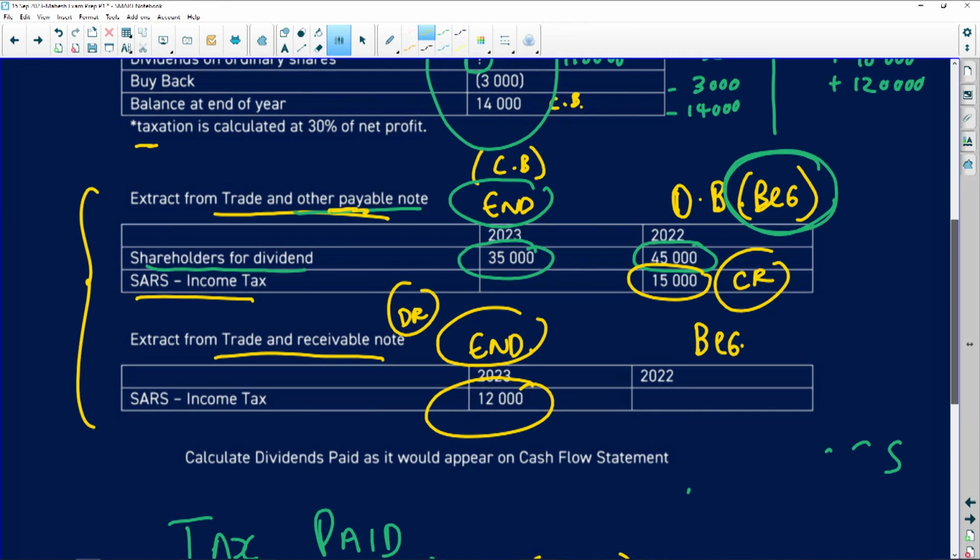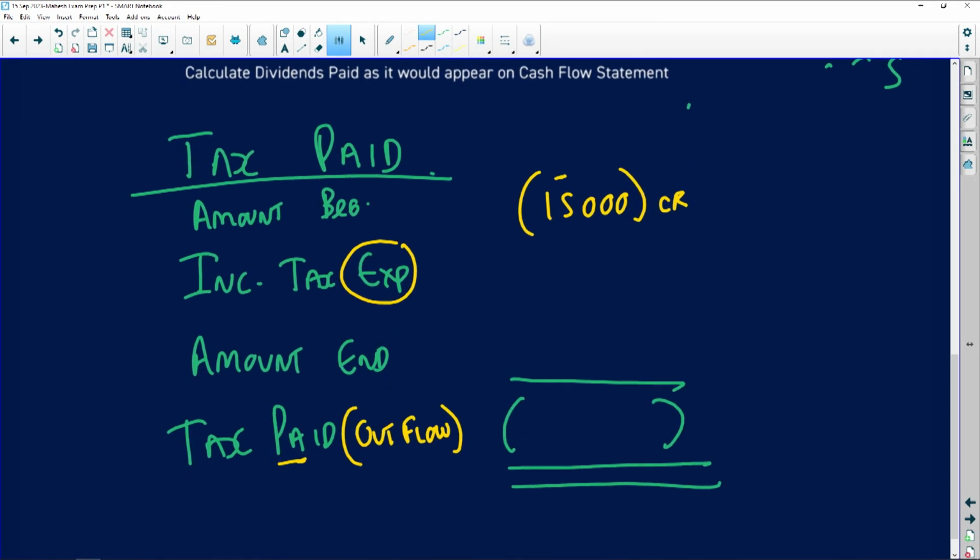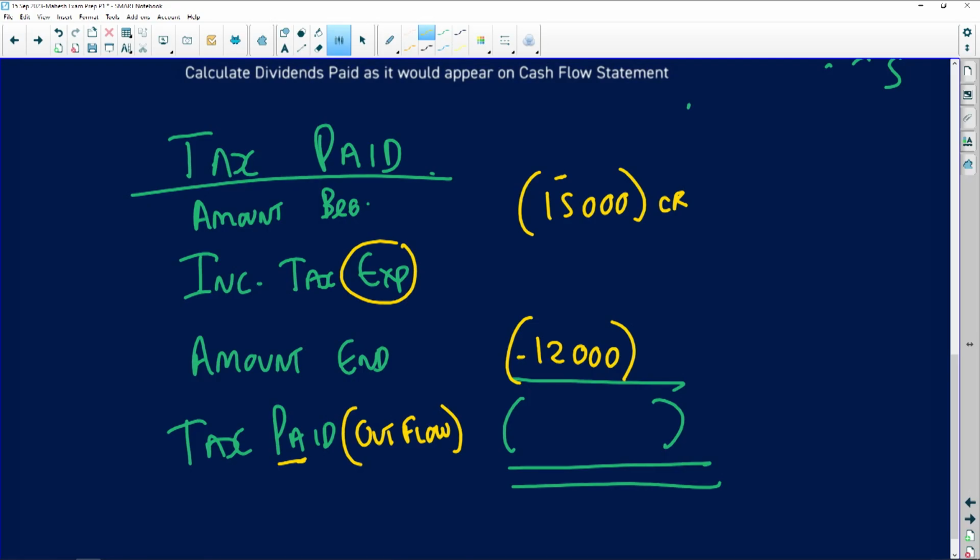Okay, so what does that mean? Right, I overpaid. They are owing me, which means how will SARS owe us? It's only when we've paid too much. So 12,000 Rand left my bank account because I overpaid SARS by 12,000 Rand. So can you see that is in brackets? Okay, so that's also negative. Income tax expense for the year.